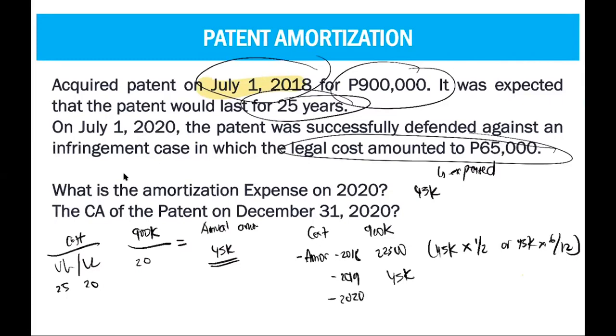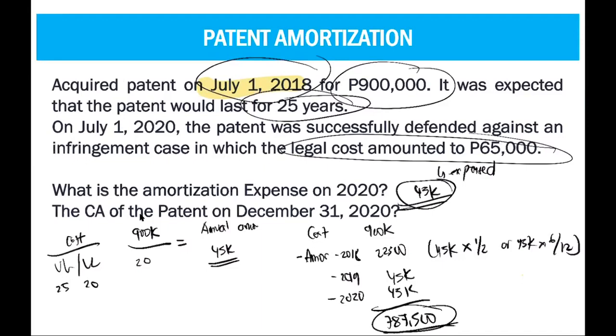Another amortization on 2020, 45,000. So what is the carrying amount? 900,000 less 22,500 less 45,000 less 45,000 will give us 787,500. Okay? I hope you understood this example. So it's just a simple amortization.